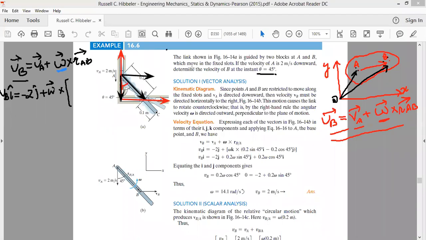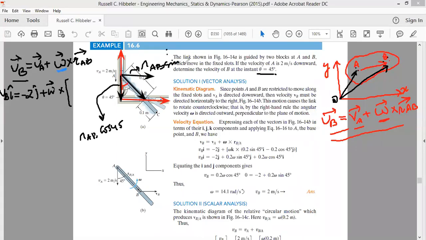These are the components of RAB. This component of RAB will be RAB cos of 45, and this component will be RAB sine of 45.